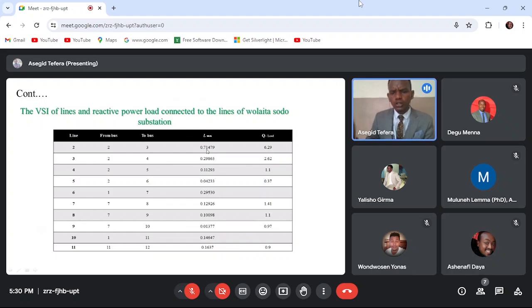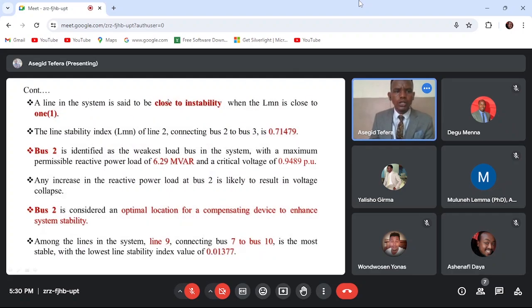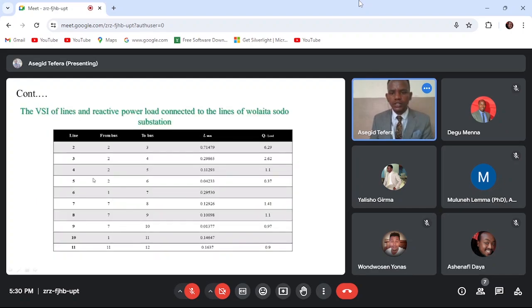So a line in the system is said to be close to instability when the line stability index is close to 1. This table shows the line stability indexes.